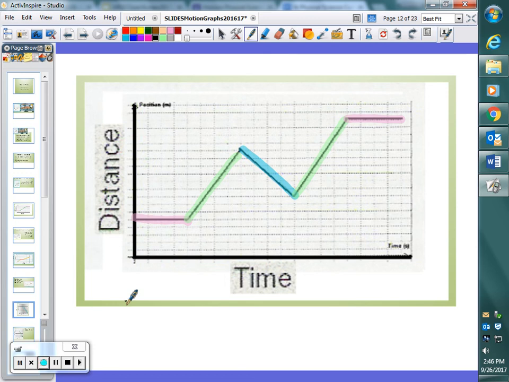Okay? All right. So, in the interest of time, here is what my answer would look like. Green and blue have the same speed, but different velocities. Why don't you guys do the explaining part? Blue and green have the same speed, but a different velocity.